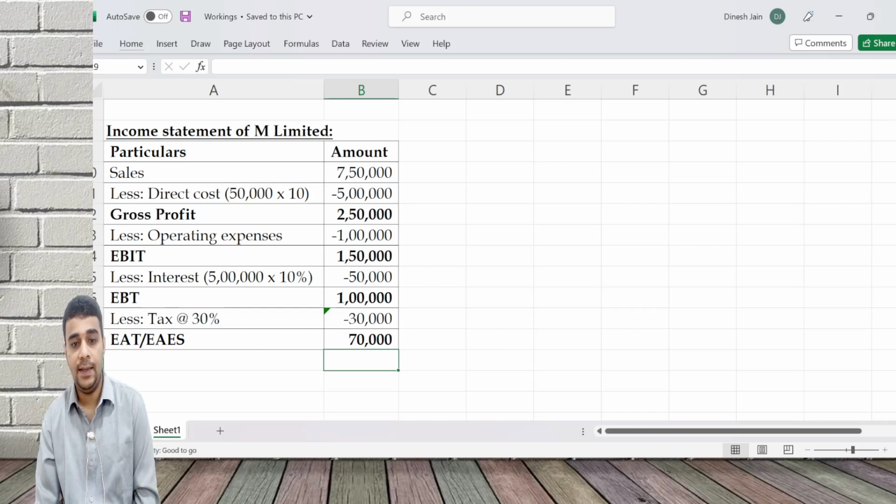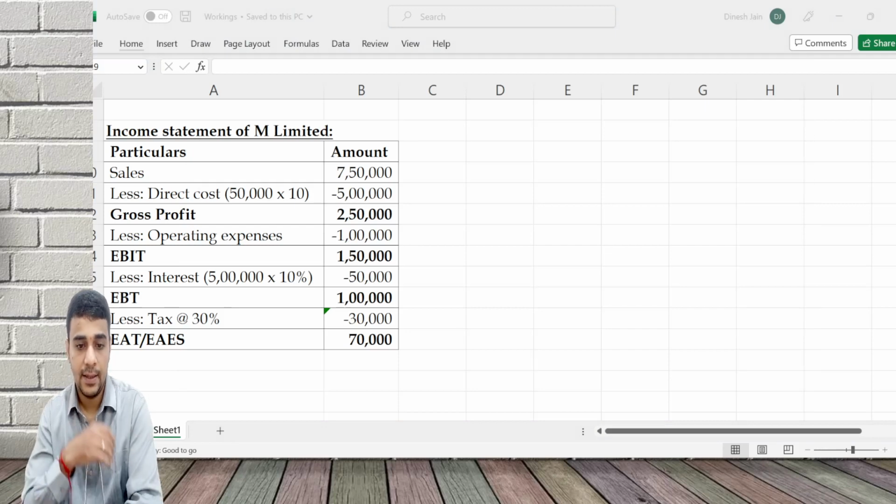Please complete the income statement first. Let me know if there are any doubts here.